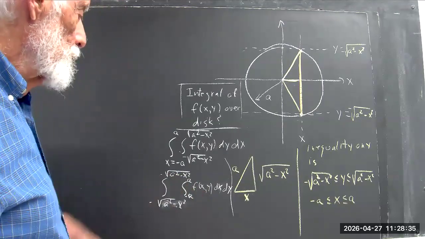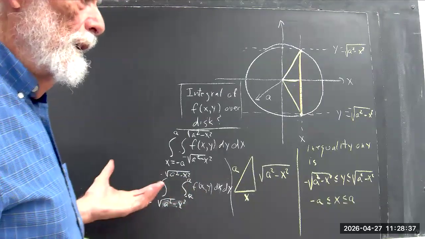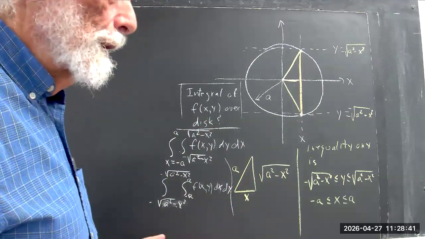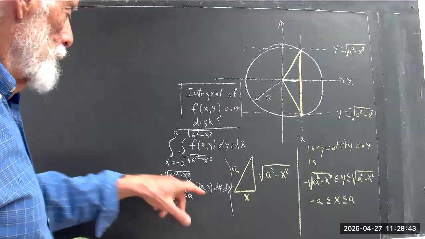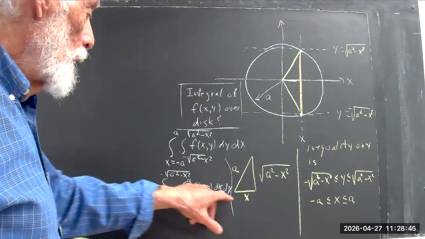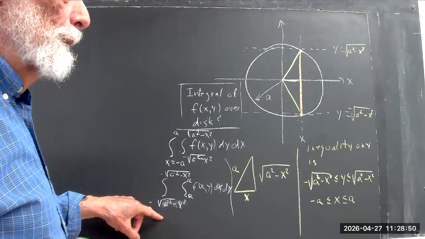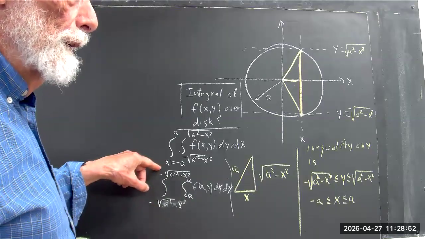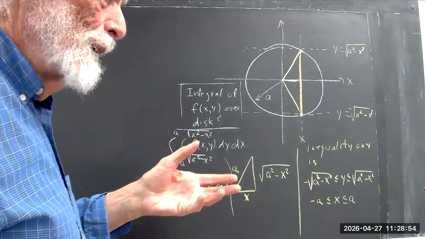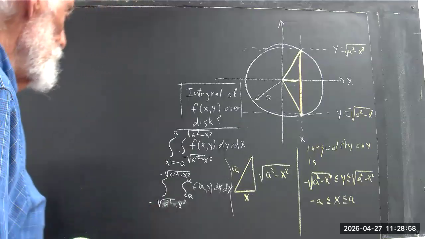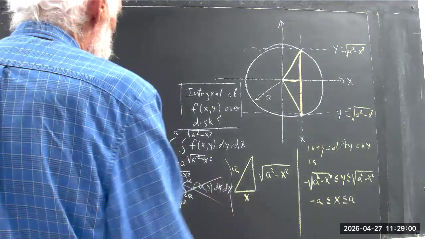If you integrate x first, you're going to substitute negative a and a for all the x's in the antiderivative. Not going to have any x's left. Then you integrate with respect to y, and you're going to substitute negative square root of a squared minus x squared and the square root of a squared minus x squared for y. And now you're going to have x's again. You're not going to get an answer. So you don't do this.